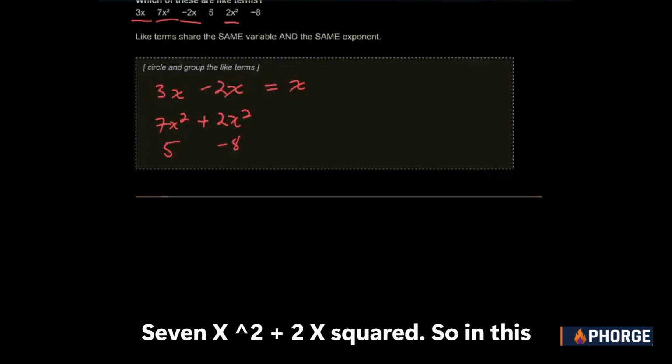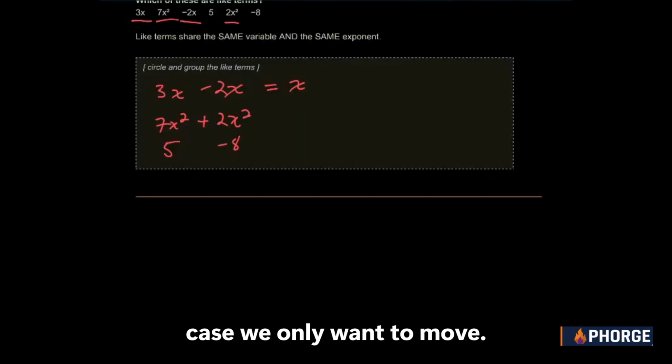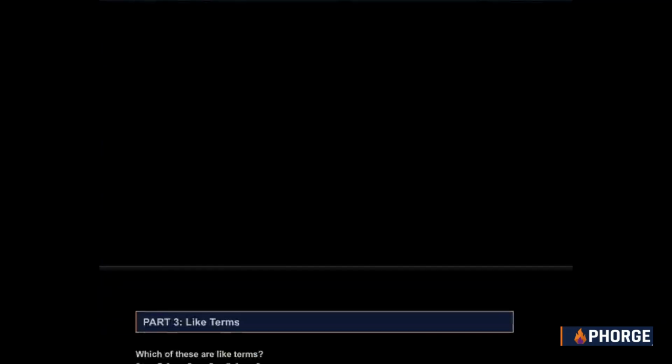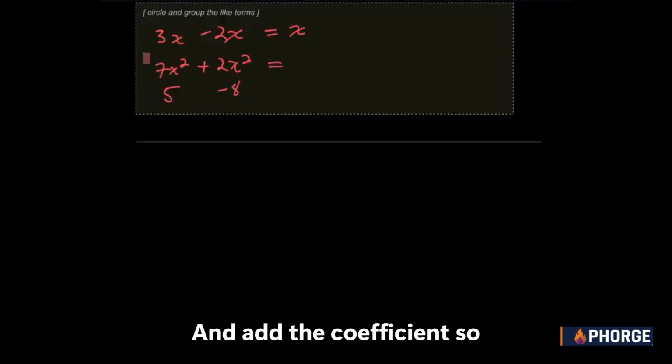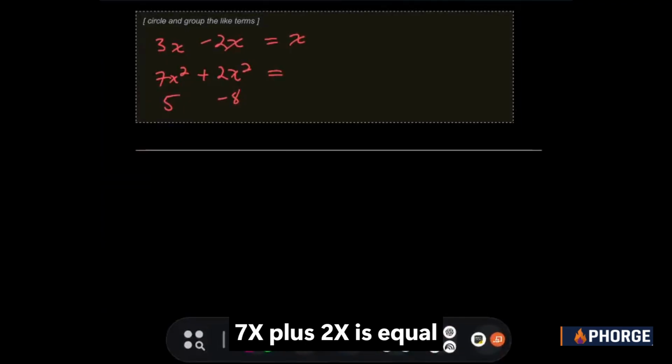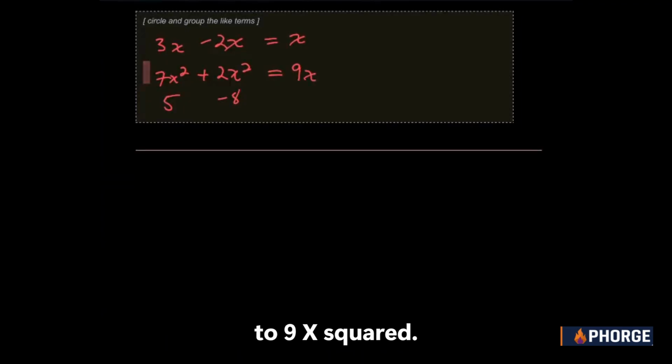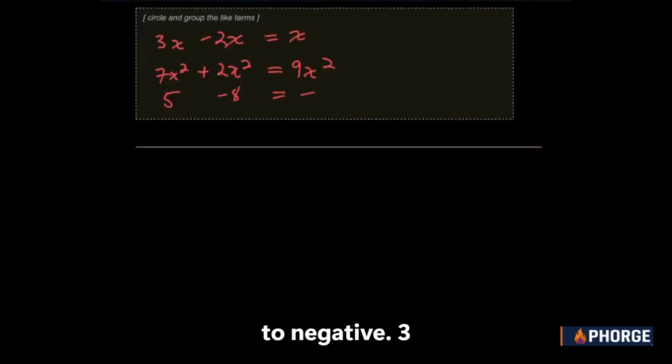7x squared plus 2x squared. So in this case, we only want to work and add the coefficients. So 7x plus 2x is equal to 9x squared. And 5 minus 8 is equal to negative 3.